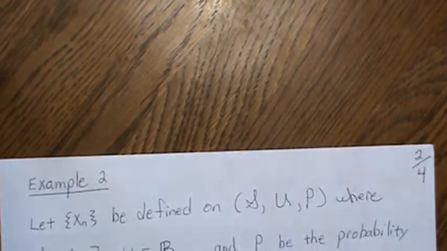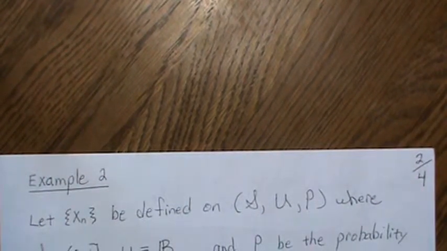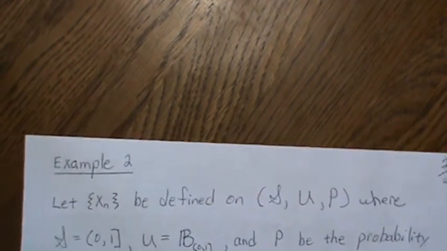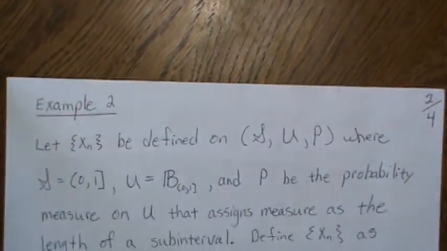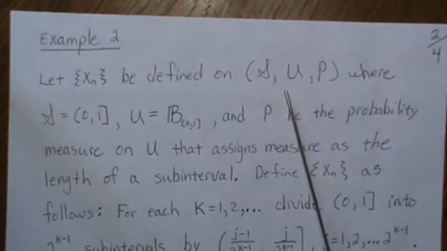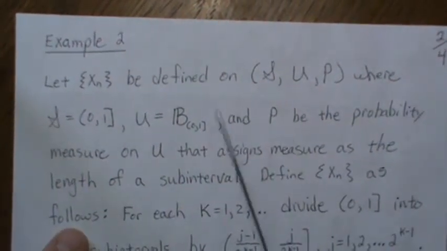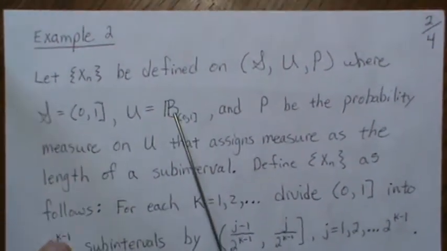Example 2 is the classic that convergence in probability doesn't imply convergence almost surely. Let X_n be a sequence defined on this probability space, where S is the interval from 0 to 1.